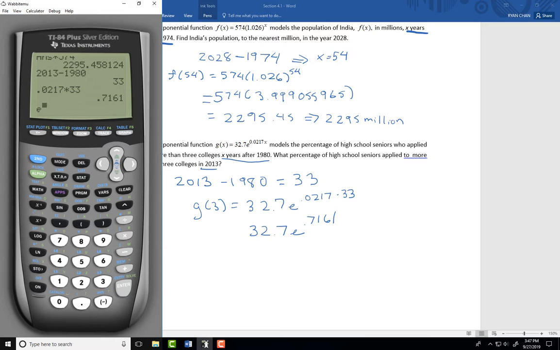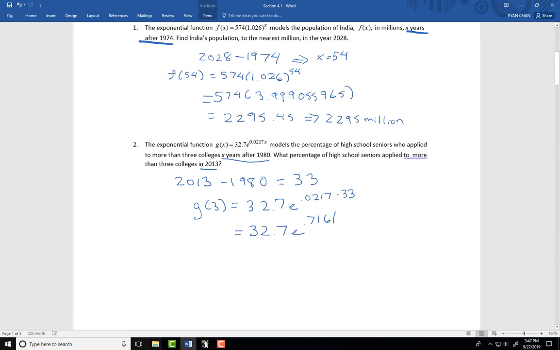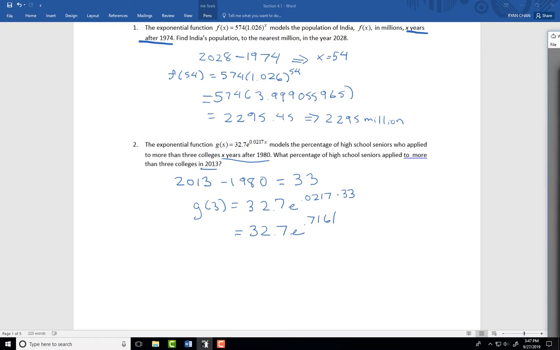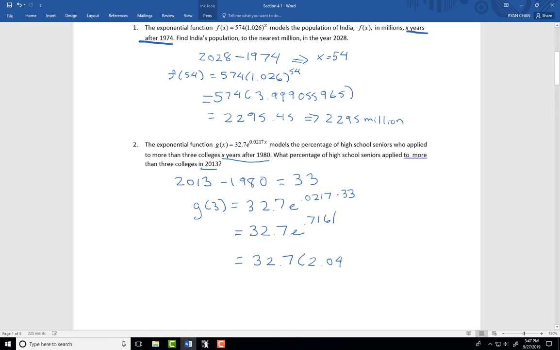I'll do the caret button first, sorry, and then I'll copy and paste there, and then multiply by 32.7.